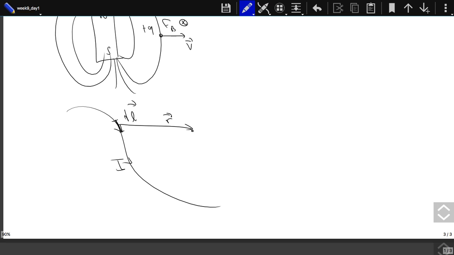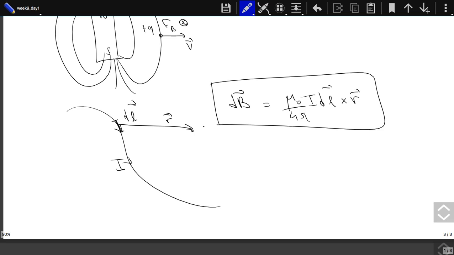Then the magnetic field created by this very small segment, well, of course, all the segments will be creating magnetic fields. So to calculate the total magnetic field at this point, we have to calculate the sum of all the contributions from different segments. And the contribution from this segment will be just mu0 over 4 pi, I dl cross r. This is called the Biot-Savart law.